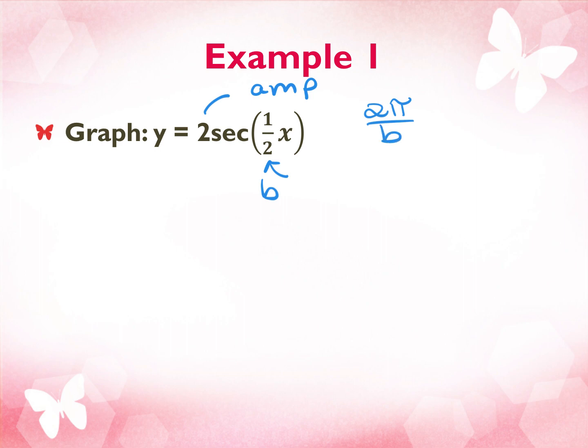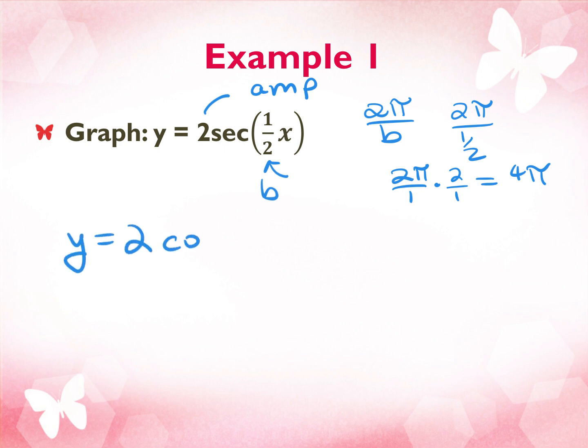So I'm going to do 2 pi divided by 1/2. When I divide, keep, change, flip, it's really 2 pi over 1 times 2 over 1, and I get 4 pi. I'm going to do the calculations exactly the same, because what we're really going to graph first is y equals 2 cosine 1/2 x.